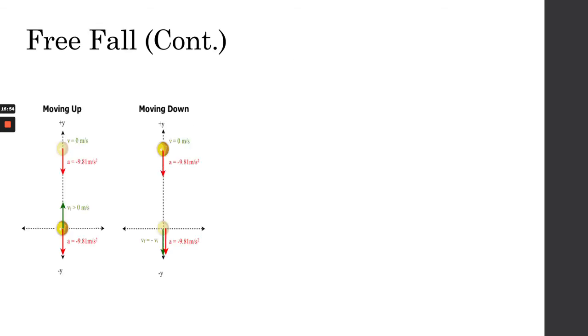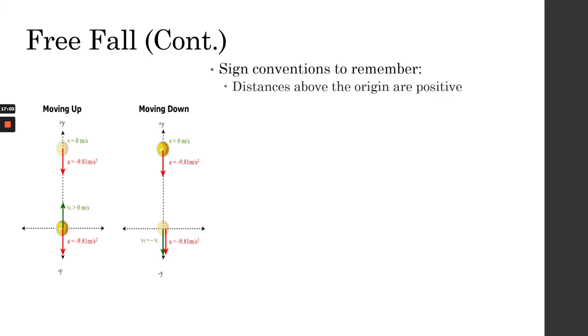Moreover, let's continue talking about free falling. Sign conventions that we have to remember when we are talking about free fall: all the distances above the origin are positive. So if we draw our Cartesian coordinate system, we know that this is the origin, this is the positive x, and this is the negative x.